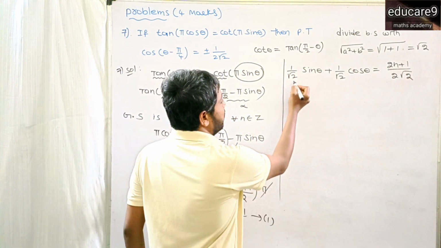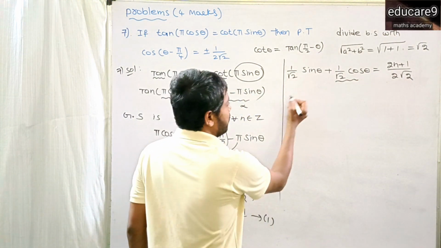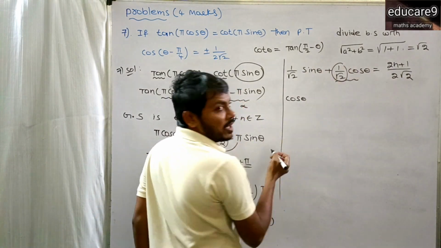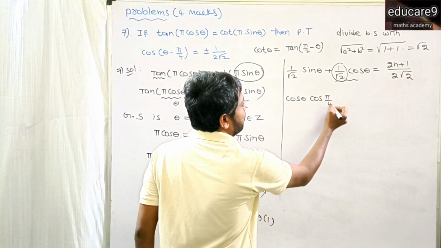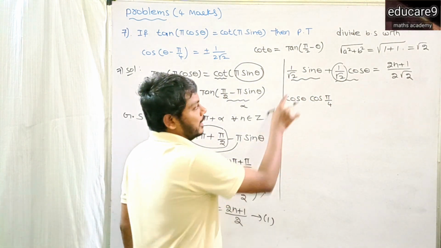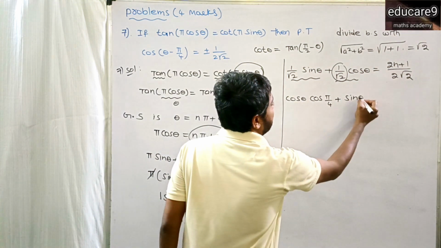Now we can write, this is first cos theta, and this 1 by root 2 in terms of cos again, that is cos pi by 4. And write the next one, that is plus sin theta into what?